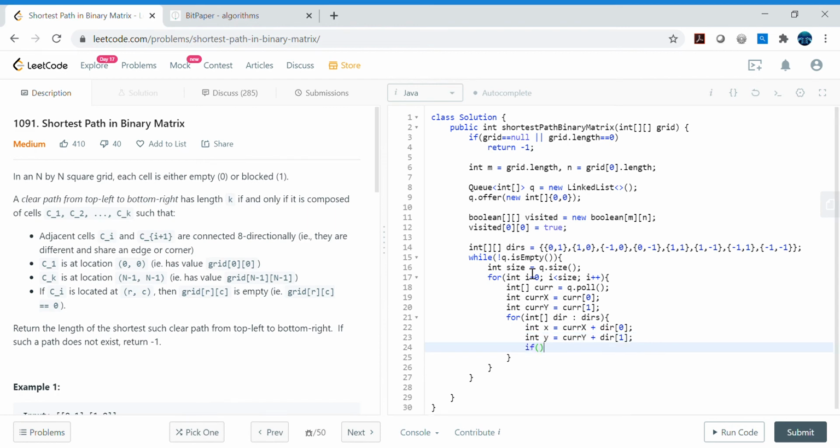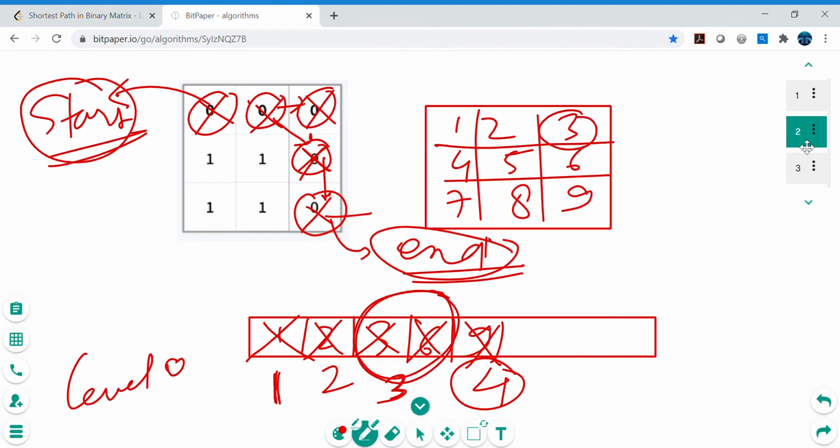Okay, now let's go ahead and check the base condition as well. So x is less than 0, or x is greater than m minus 1, or y is less than 0, or y is greater than n minus 1, or if they are visited. Visited means it is true, right? So let's say we are starting from here, and we inserted this cell already into the queue, and we marked it as visited.